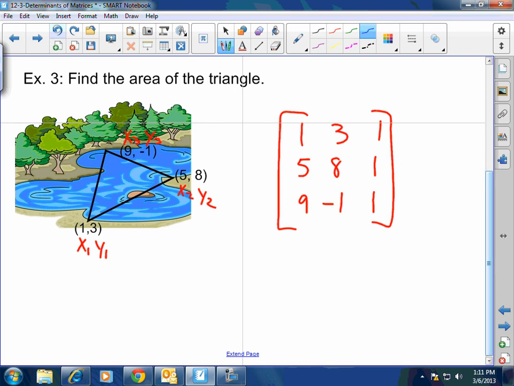Now you find your determinant. Your determinant, you're taking these two, remember these two guys? And you're putting them immediately to the left. So I got 1, 3, 5, 8, 9, negative 1.